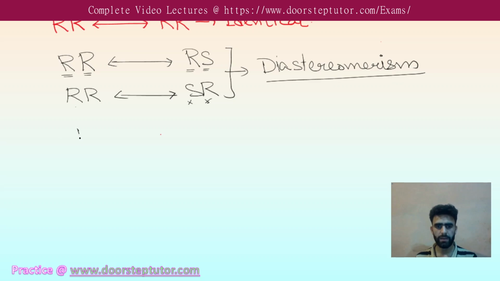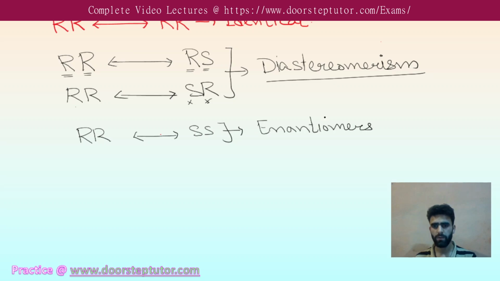And if we have the configuration RR and in the next compound we have SS configuration, then the compounds will exist as enantiomers.